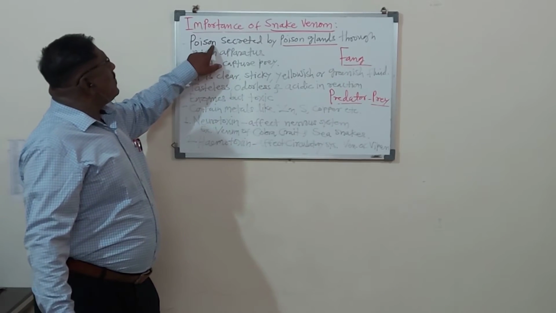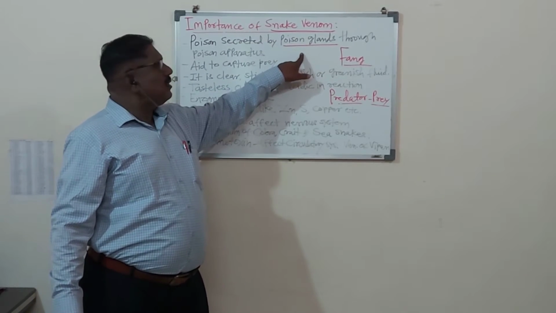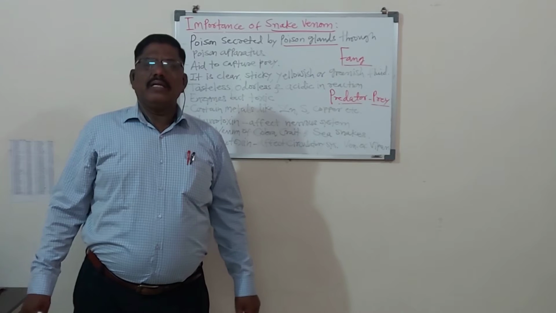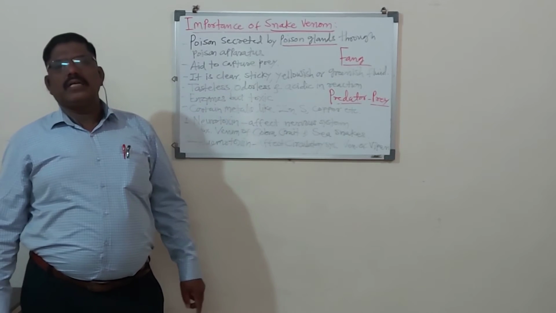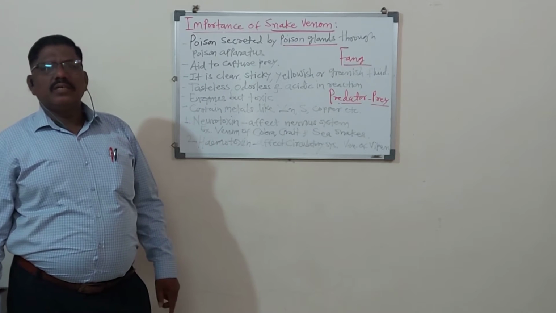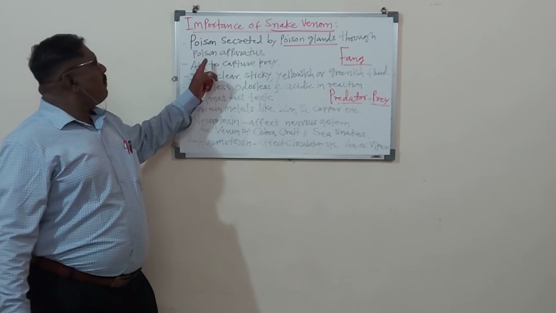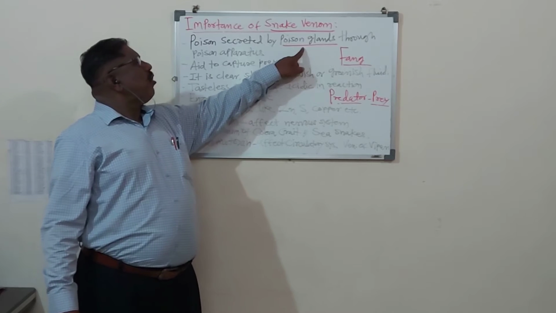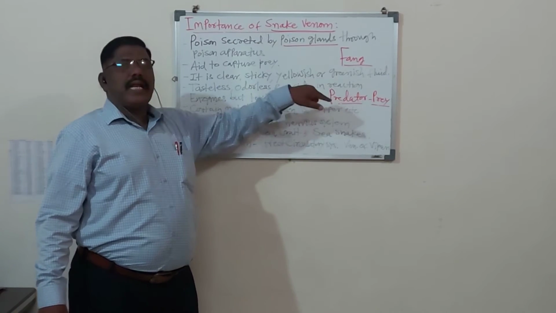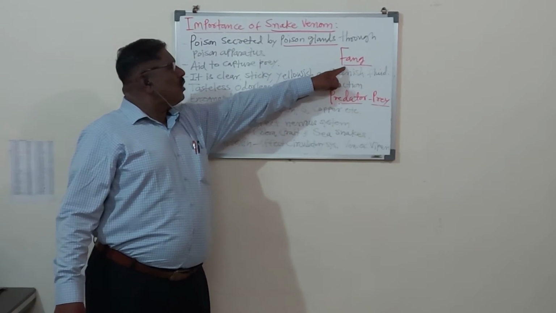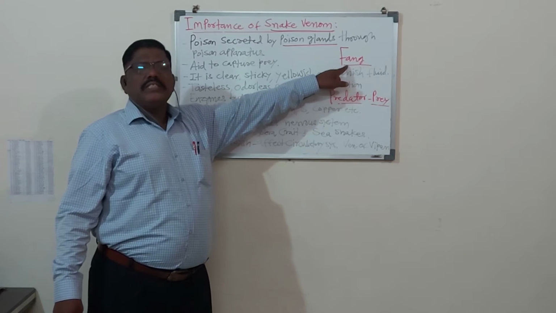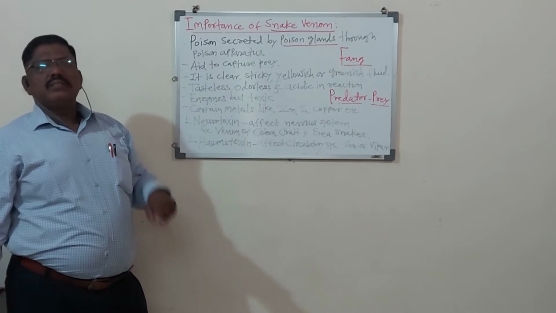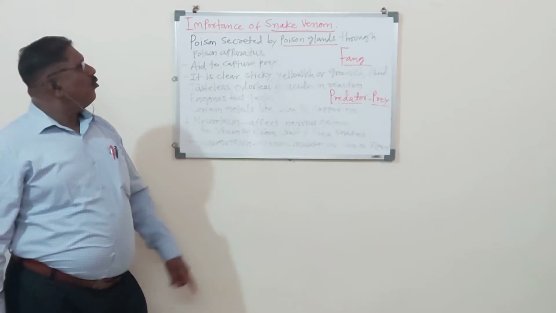So the poison is secreted through the poison apparatus, and the poison apparatus is also present in the poisonous snakes. That poison apparatus secretes the poison, and that poison is stored in the poisonous glands. And from the poisonous glands, at the time of biting, through the fangs, that is the teeth, it is inserted and the venom is poured.